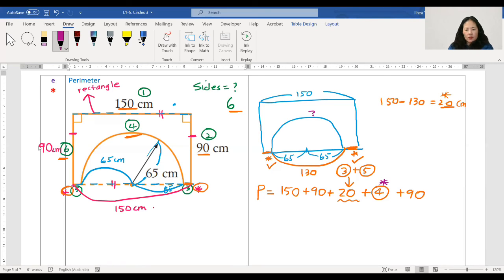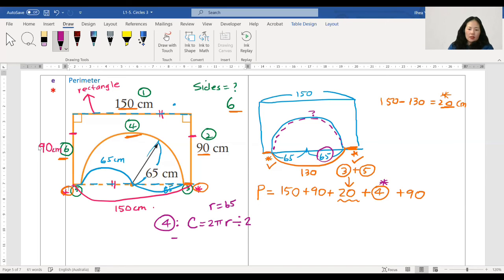Let's have a look at the fourth side here. So I need to use C equals 2 pi r, and I know that r is 65. Okay, so we got 65 here. And I have to divide it by 2 because it's a semicircle, isn't it? All this is a semicircle, not the full circle, so I divide by 2.